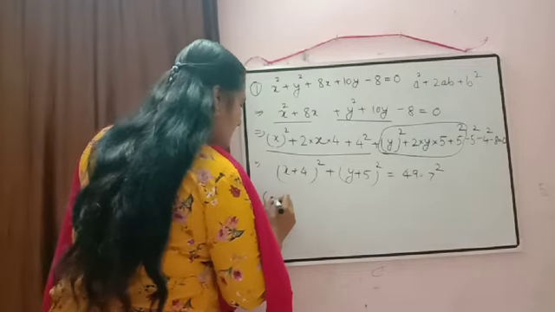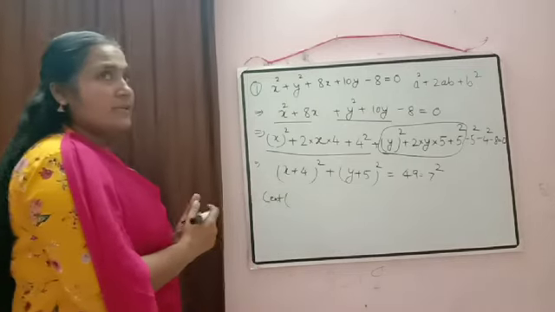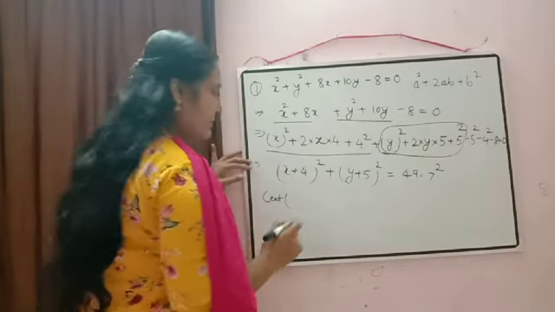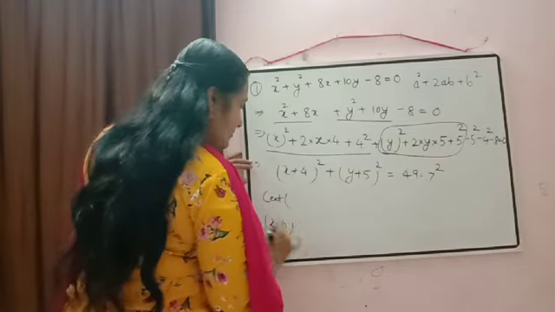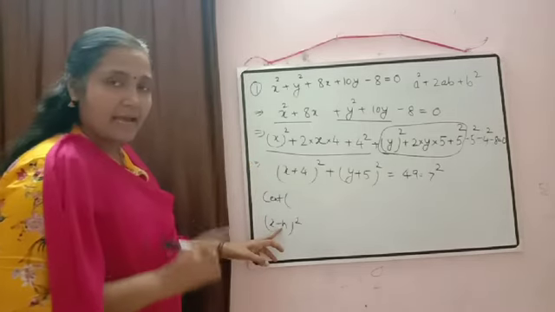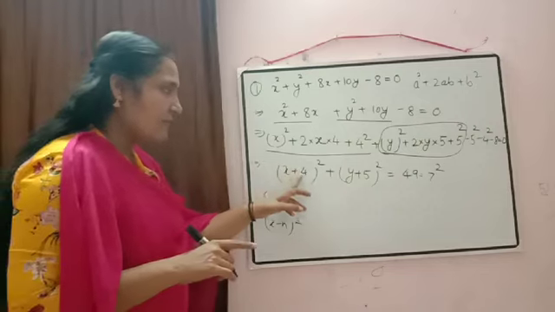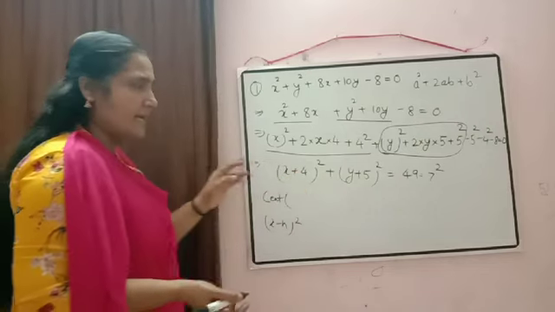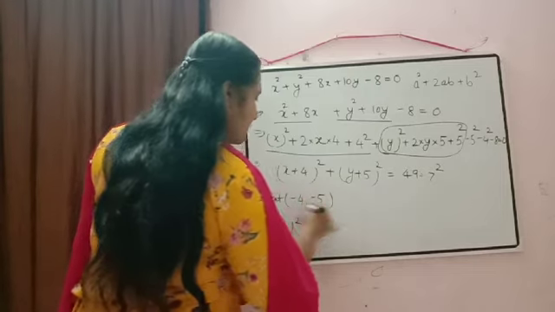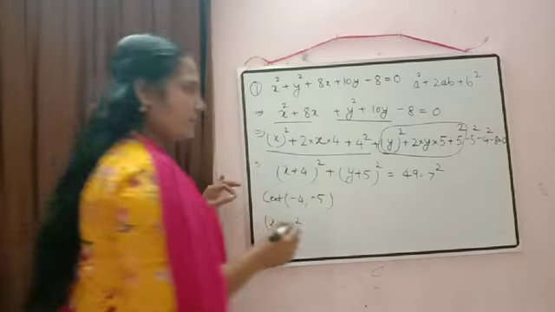So again what we are getting here? Center. We know in this case what is our center? H comma k. H how we will get? Our standard form is x minus h the whole square. Then we are getting here center as h there. So whatever sign is there, just change the sign. If here we have plus sign, then our center will be equal to minus 4 comma minus 5.